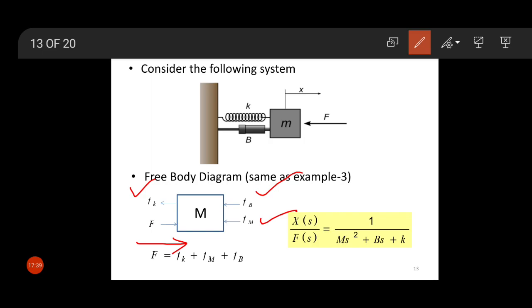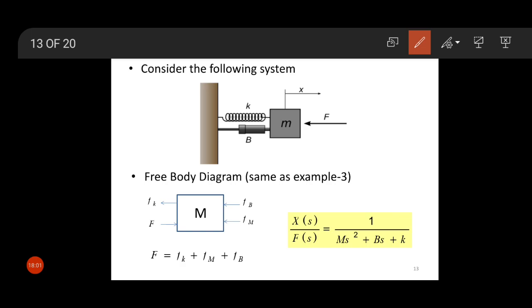Now represent all the forces in terms of displacement. Here Fk, represented in terms of displacement, equals Kx. Now come to the reaction force.